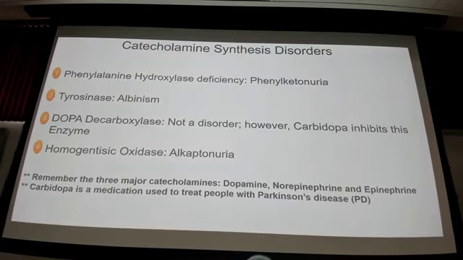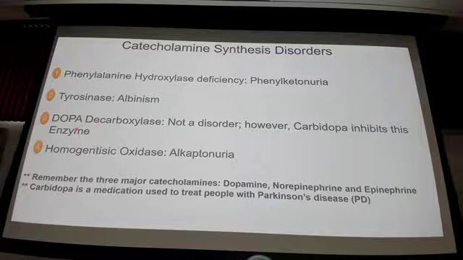And so if there are any enzyme deficiencies in the catecholamine pathway, then we will see some disorders. We talked about phenylketonuria. Albinism is a result of tyrosinase deficiency in melanocytes. Homogentisic oxidase deficiency causes alkaptonuria.